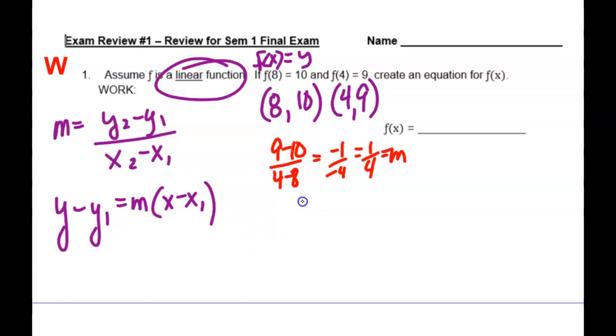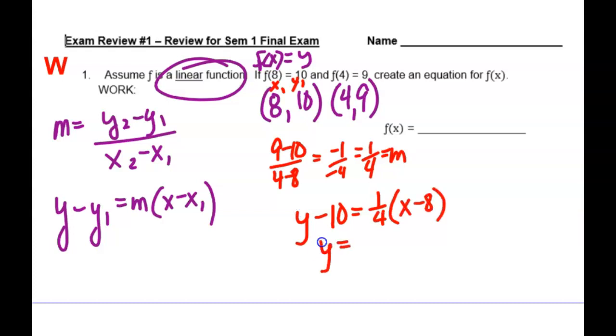And then put it in using this point. So you would have y minus 10 equals 1/4 x minus 8, which would become 1/4 x minus 2, add that 10 over there, would be 1/4 x plus 8.